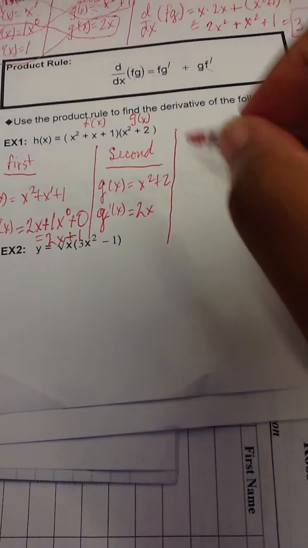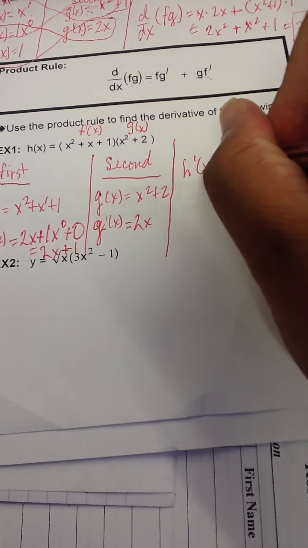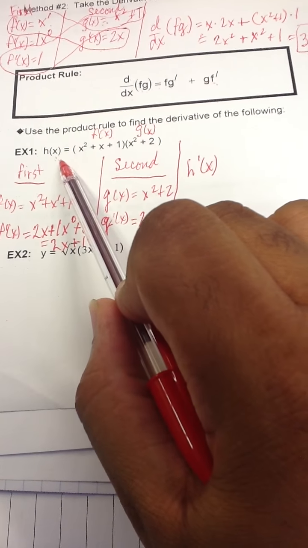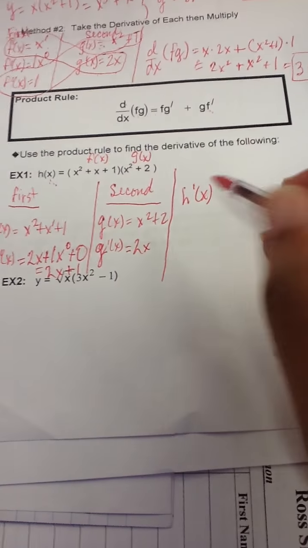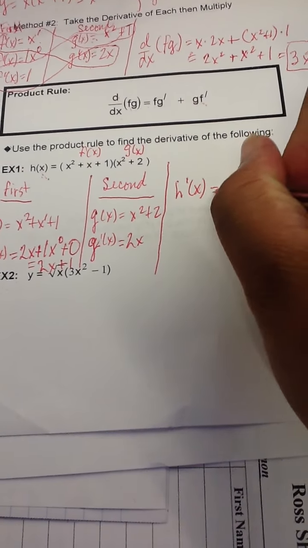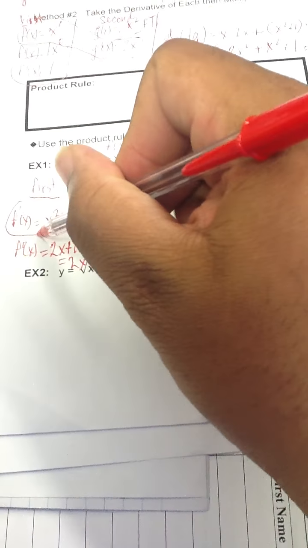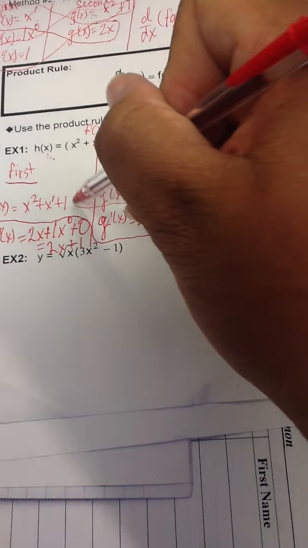So now that I have it set up to where I found a derivative of each one separately, I go through, I know that my h prime of x, because that's what I was looking for, right? The derivative of this function here in example 1, I'm going to use the product rule. It's equal to, remember we said we cross multiply, f of x times g prime of x.